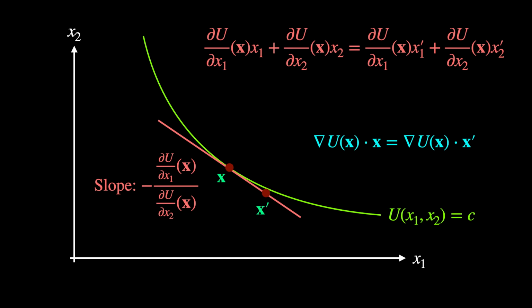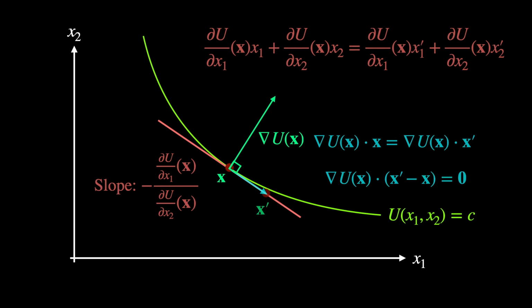So let's use this notation here, and rearranging gives us a dot product equals 0 type of expression that we've seen before and we already know how to interpret. The gradient vector of the utility function at x is perpendicular to the indifference curve at x.